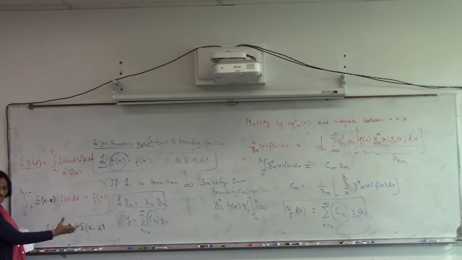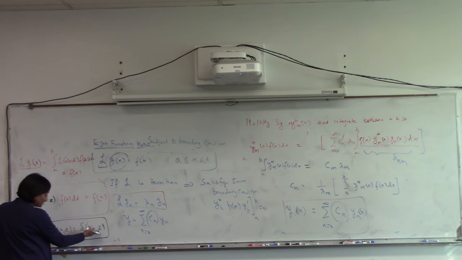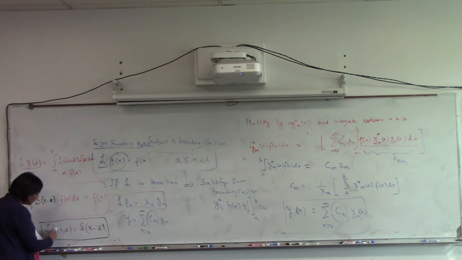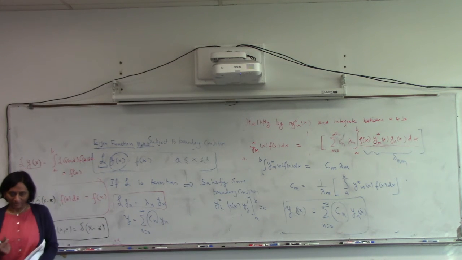So the right hand side equals the left hand side. Is this clear? So this is an important property. It's almost like the Green's function is a solution of the homogeneous differential equation. For x not equal to z, it is 0, right? So you can see something about the property of the Green's function.